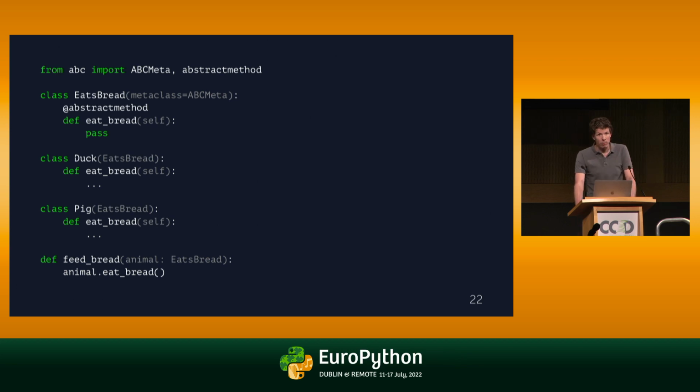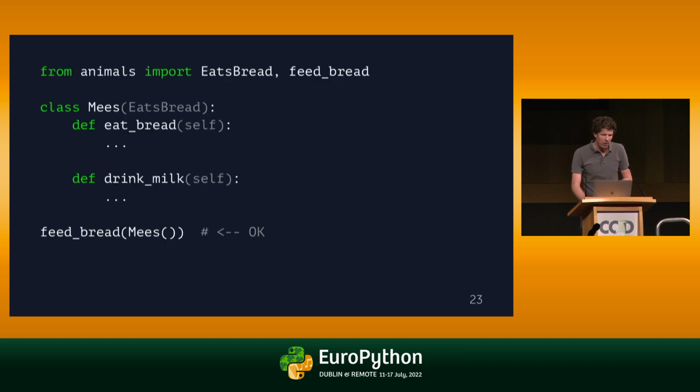So now, if I were to import this code from some package I found somewhere and use it with my baby boy, I would define his class to be Mace, that inherits from eats bread. And then I can define how he can eat bread and drink milk. And I can use an instance of Mace with this function. That works fine.